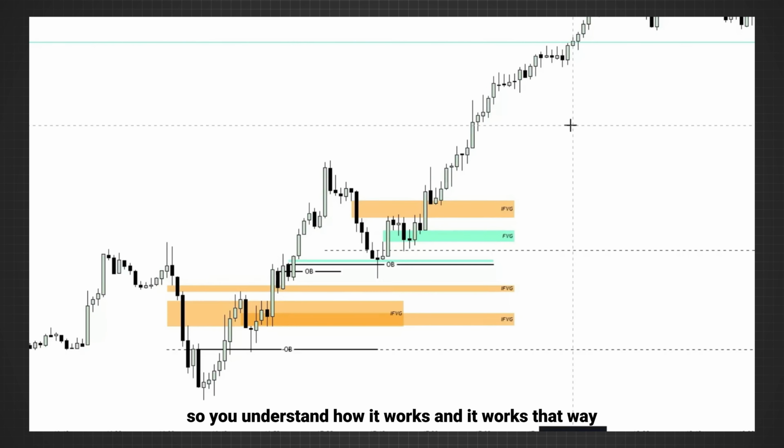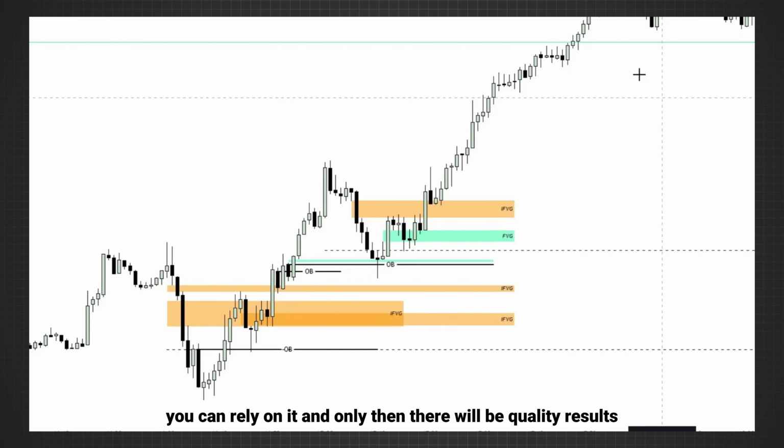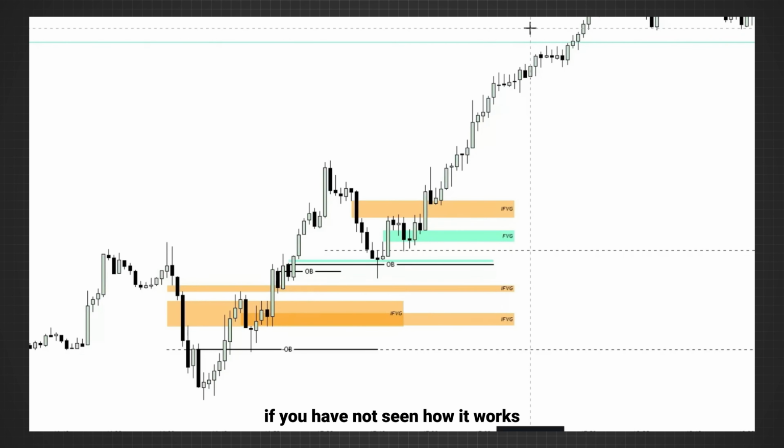So you understand how it works, and it works that way. And then you can easily apply it in real time. That is, you can trust it, you can rely on it, and only then there will be quality results. If you have not seen how it works, you have not just watched the price, then there is a very high probability that you will freak out. You will be kind of taken out of the market.